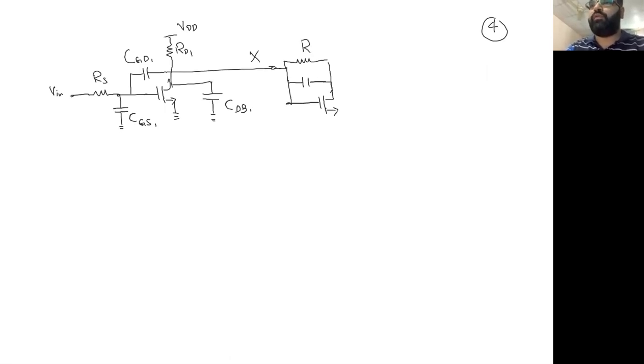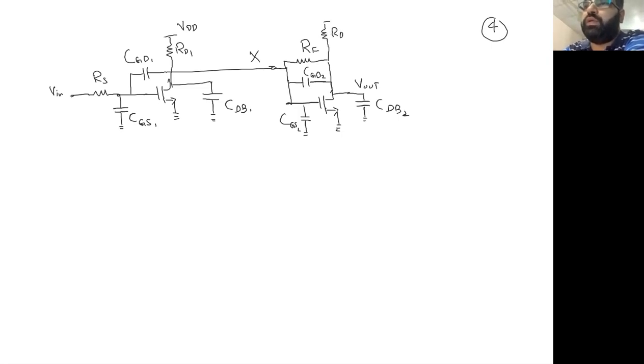Here it's RF, here this is CGD2, and here we have CGS2, and CSB is in any case 0, and this is known as V out, and here we have some capacitance known as CDB2.